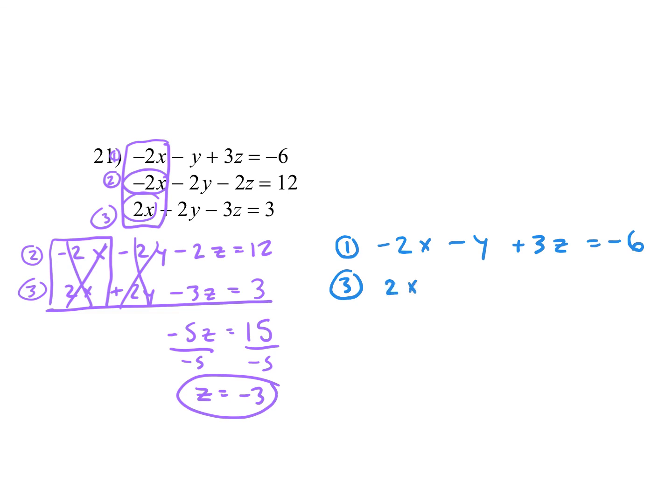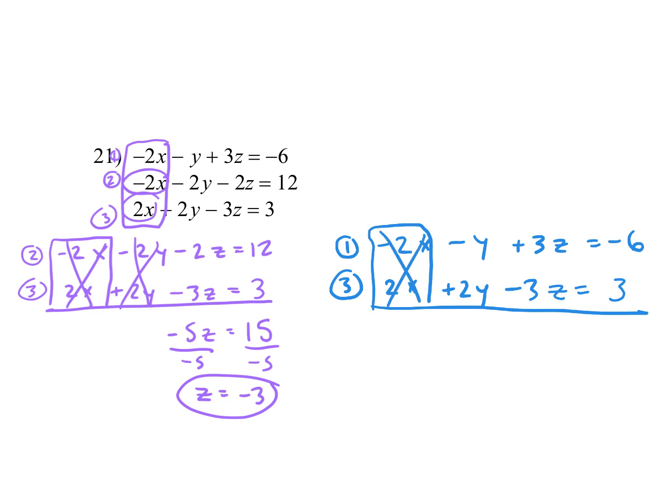And 2x plus 2y minus 3z is equal to 3. Will my x's cancel out here? Yep, that's my goal. What's negative y plus 2y? Y. What's 3z minus 3z? They cancel also. And then what's negative 6 plus 3? Negative 3. So y is equal to negative 3.